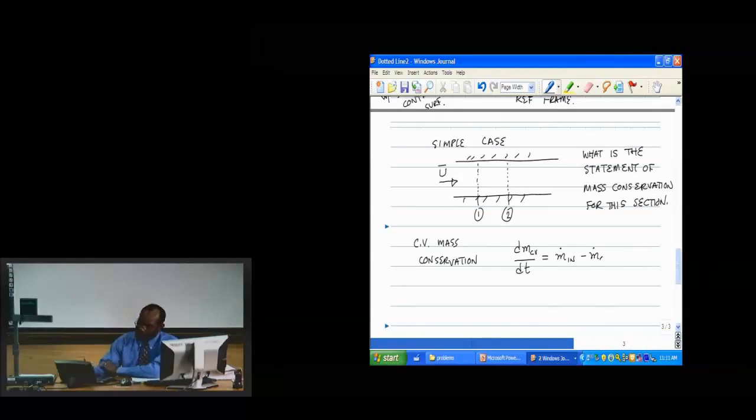So as we look at this between 1 and 2, m dot in is m dot at section 1 minus m dot at section 2. So the dm_CV/dt is our unsteady or transient term.